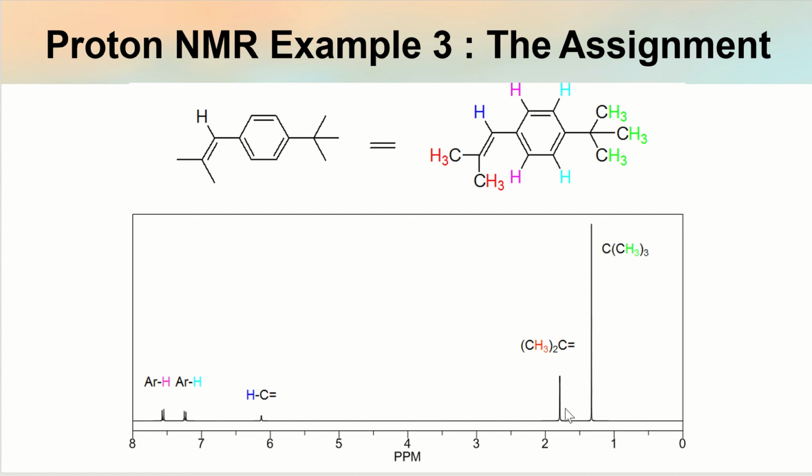So yeah, that's basically it. So we have our shielded protons and our deshielded protons, and we're able to assign them based on their multiplicities, and by virtue of knowing the chemical shift of our aromatic protons as well as our olefinic or alkene protons.